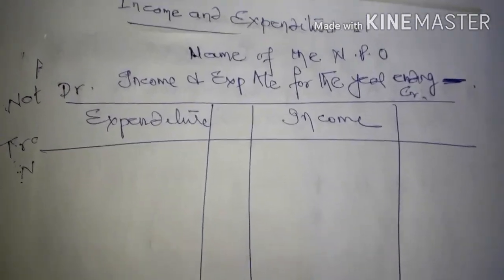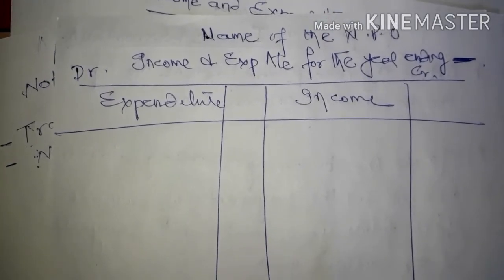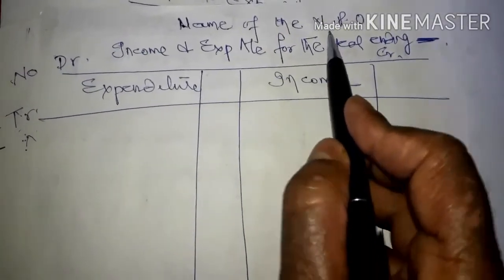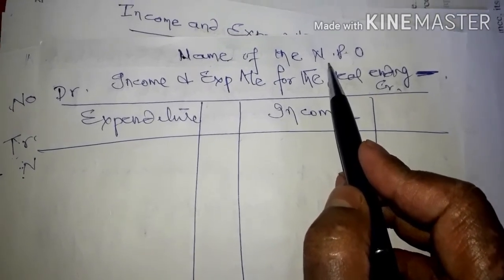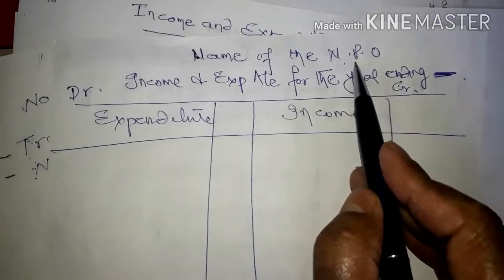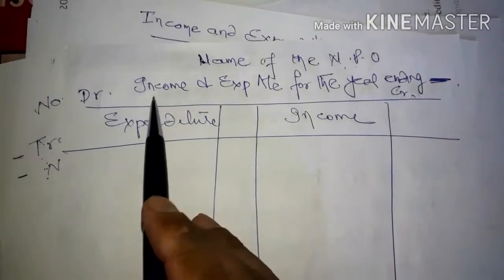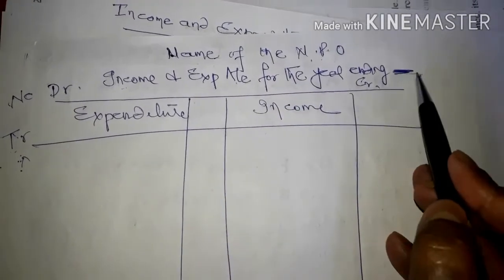Now comes the format of income and expenditure account. Firstly, we will mention the name of the club, institution, or the NPO whose income and expenditure account we are preparing. Then the name of the account for the year ending, so and so.